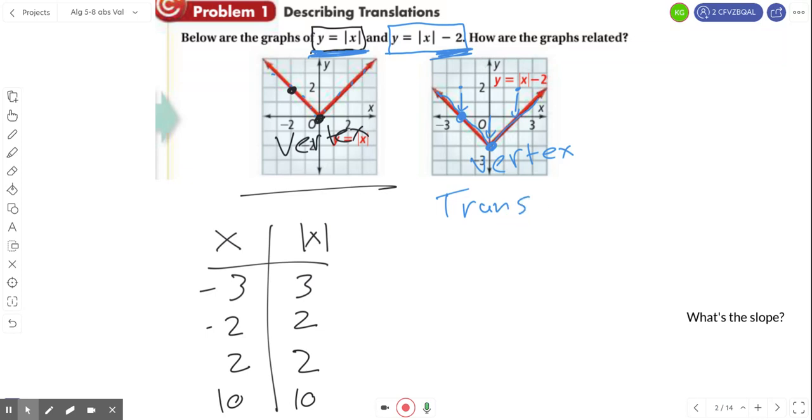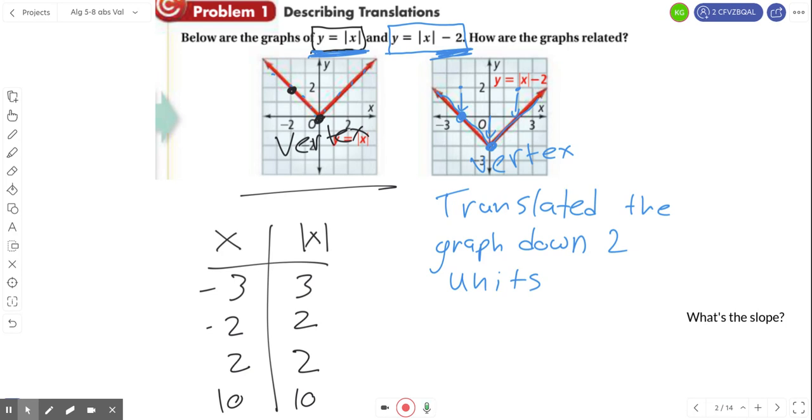That -2 has translated the graph down 2 units.